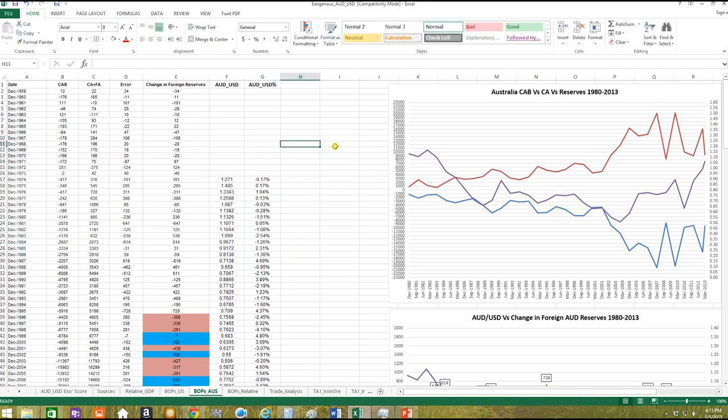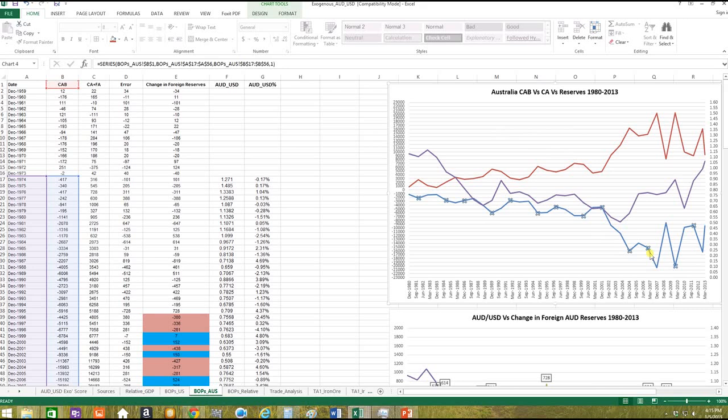And if we look at the chart on the right hand side in the same way that we looked at the US data, we can see here that if we click on the blue line, we are referencing the current account balance data. If we click on the red line, we are referencing the capital account data.